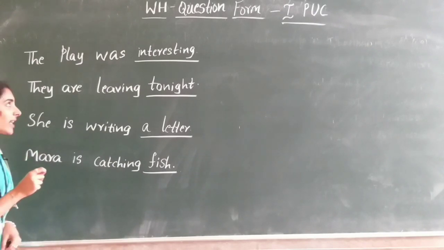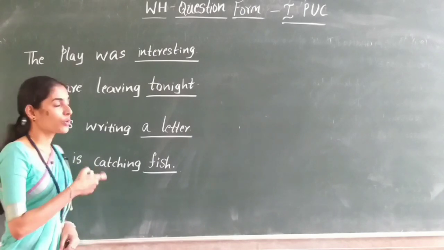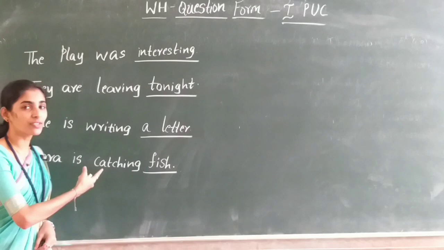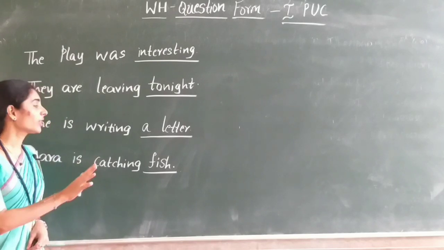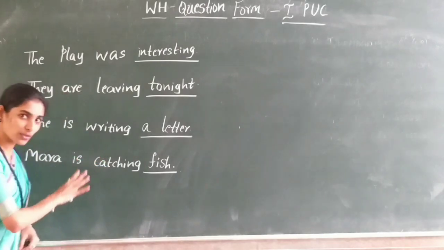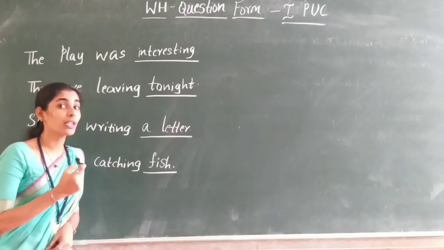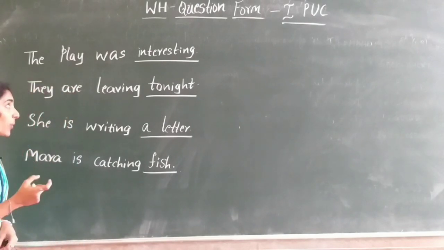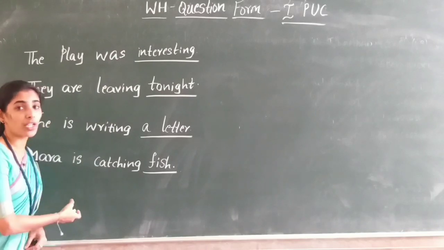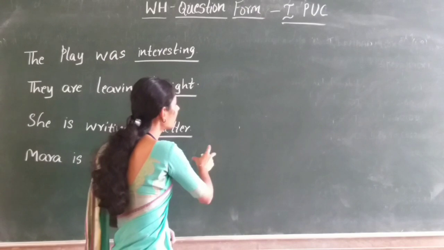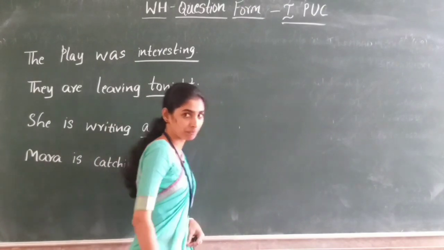Framing a WH question for the subject of a sentence is very easy compared to this one. Of course I'm not scaring you off. This is also easy, but there are a few things that we need to keep in mind while framing a WH question for the object of the sentence.